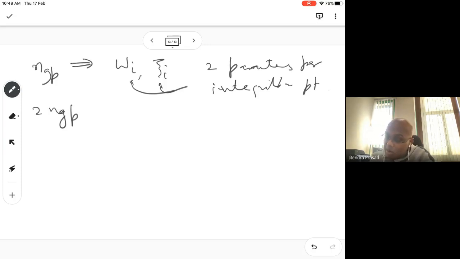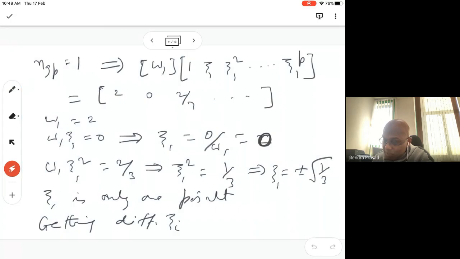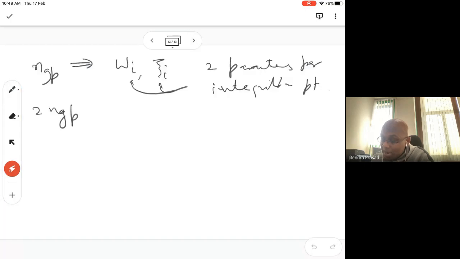On the other hand, how many parameters do you have in the polynomial? You have alpha 1, alpha 2, alpha 3, and so on. So you can generalize like this.